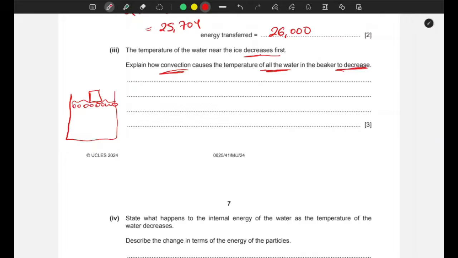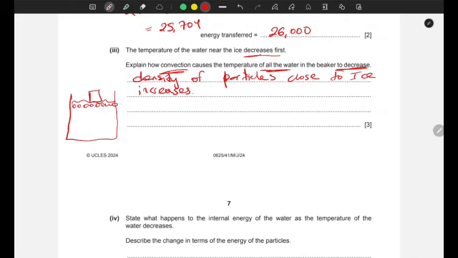When they become cooler, the particles come together, so density increases. So our first point is the density of particles close to the ice increases.